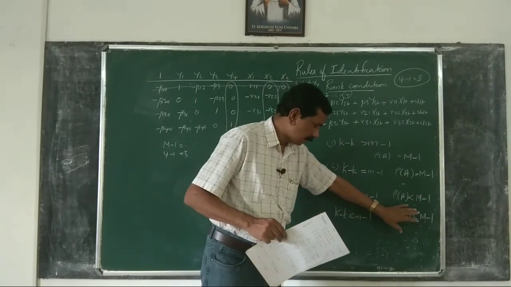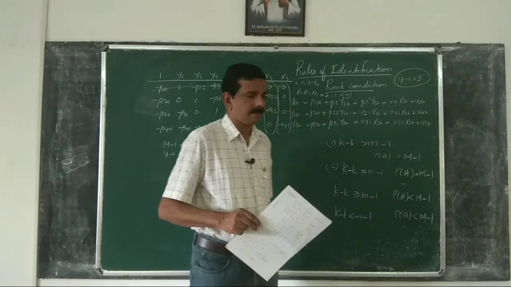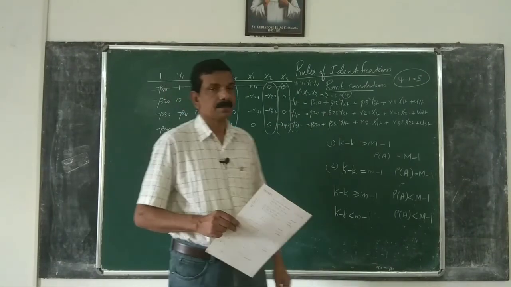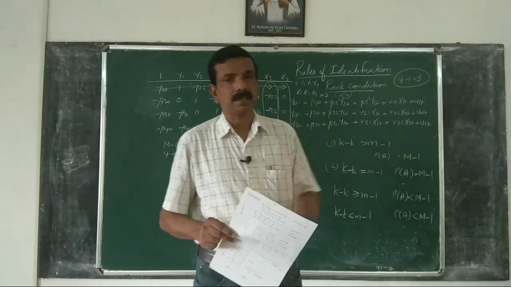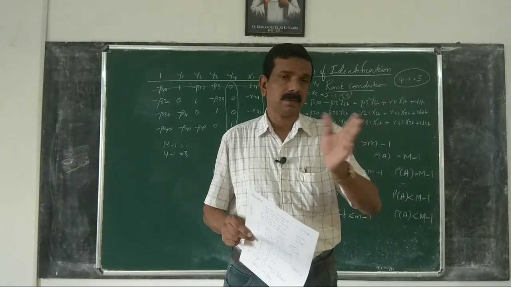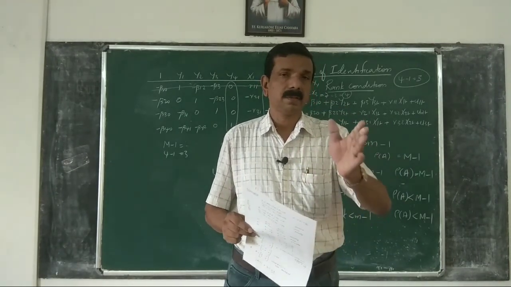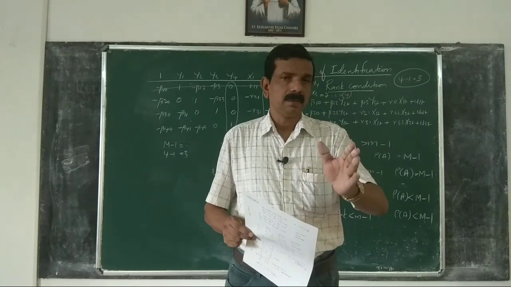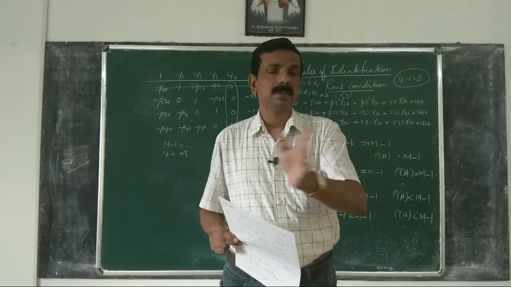This is a case of under-identification. Further explanation is not required. So this is the rank condition. In the next class, we will consider a few more examples and also some additional points on the rank condition and order condition, and also the link between these two conditions.